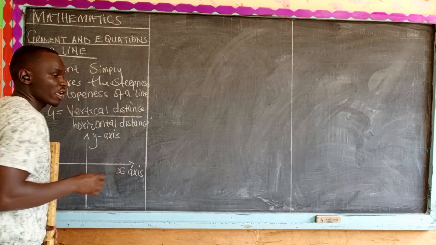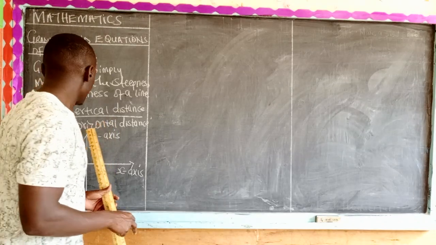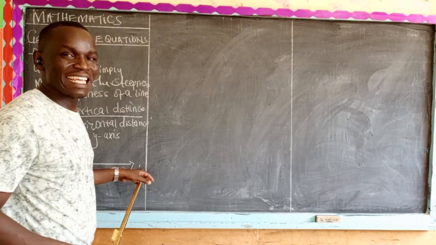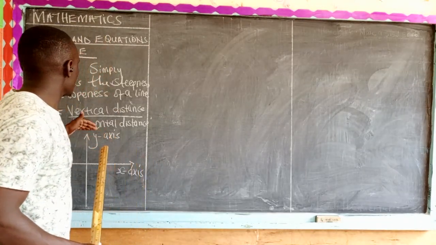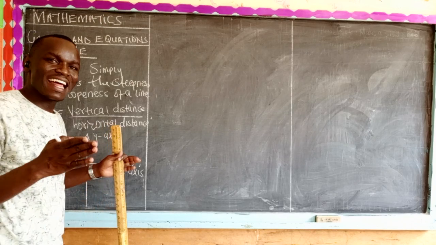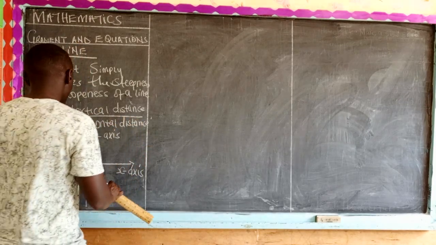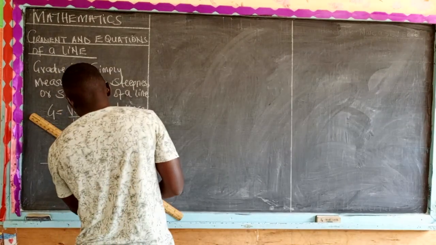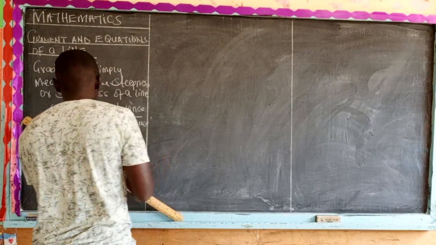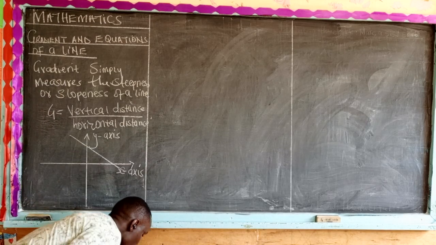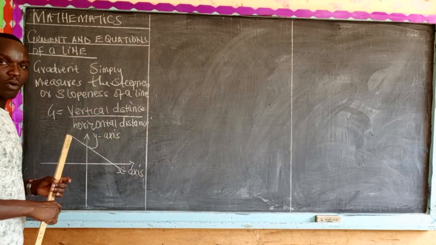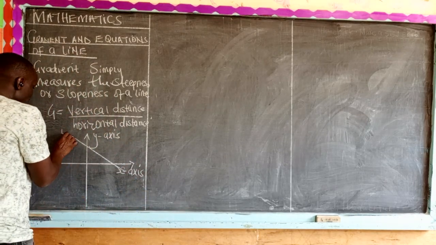When we are talking about the gradient of a line, we are trying to measure the steepness or the slopeness of a line. For example, we have a line passing through this point. We call it line L1.